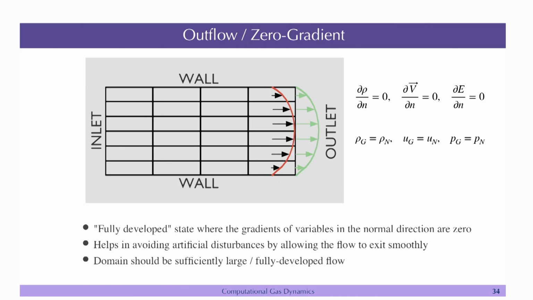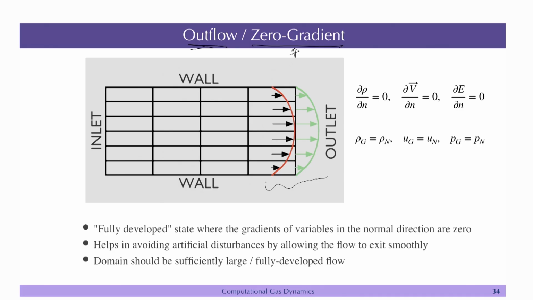The other simple boundary condition is often called outflow or the zero gradient boundary condition. In OpenFOAM they call it zero gradient boundary condition, some solvers call it outflow. What it is saying is that your flow is fully developed. So, you make the domain sufficiently far, so that the flow is fully developed and there is no gradient there.